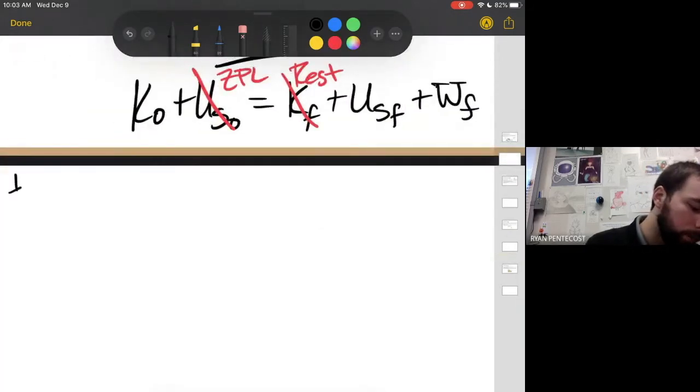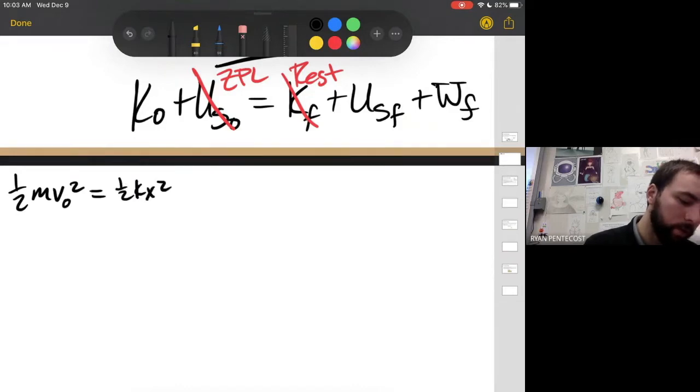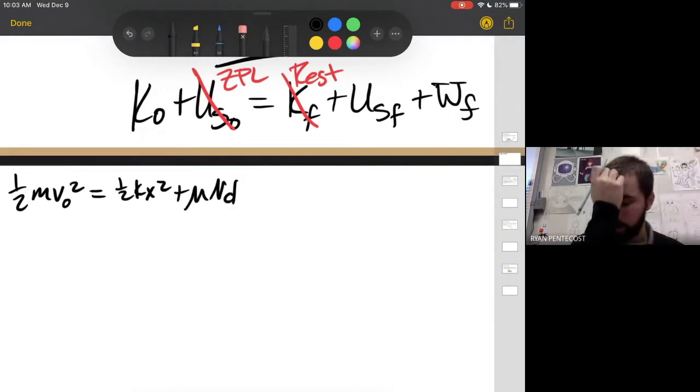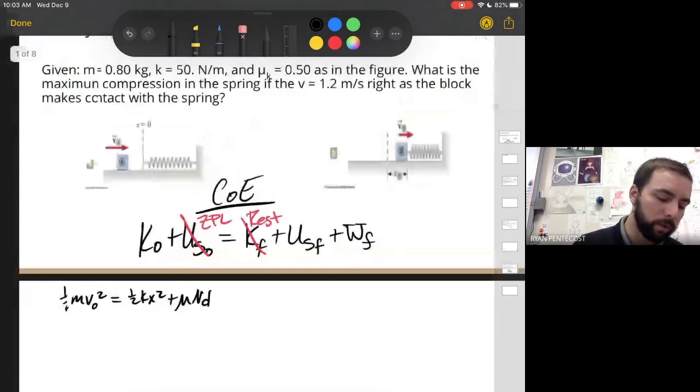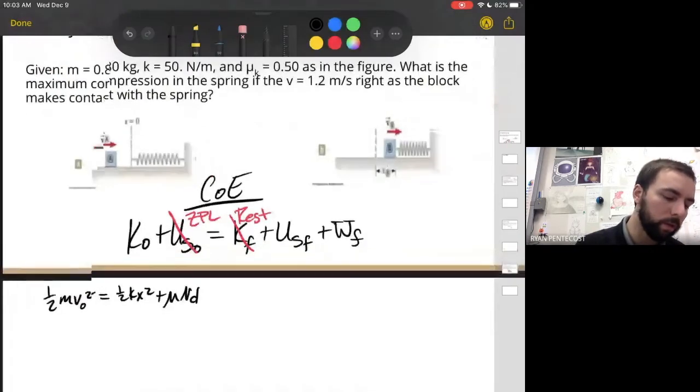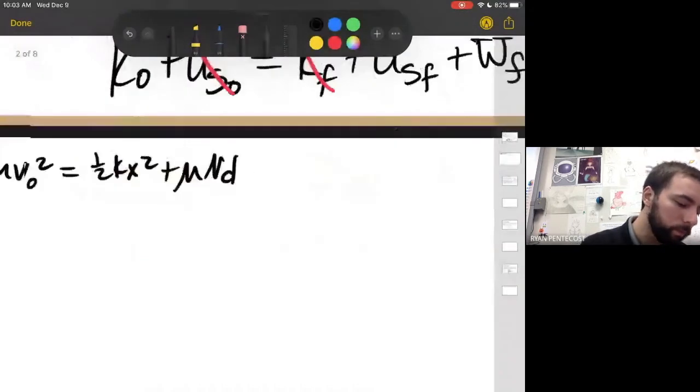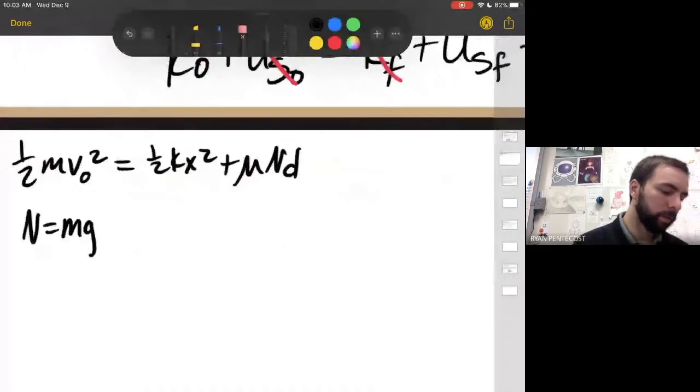We've got 1/2 mv naught squared equals the potential of a spring, 1/2 kx squared, plus mu nd. So if this is on just a flat surface, there's no other forces, so the normal force will just equal mg.